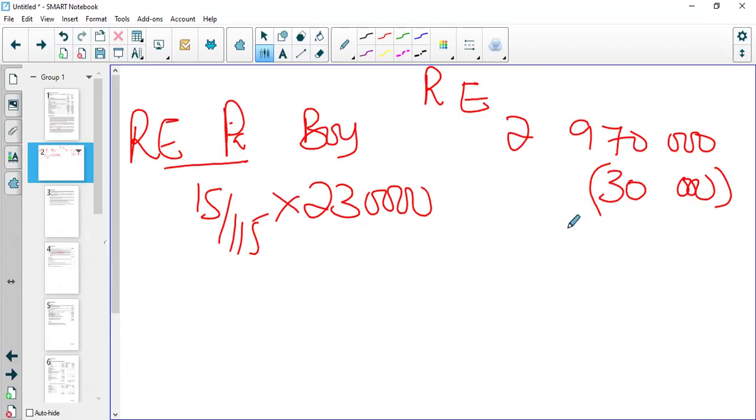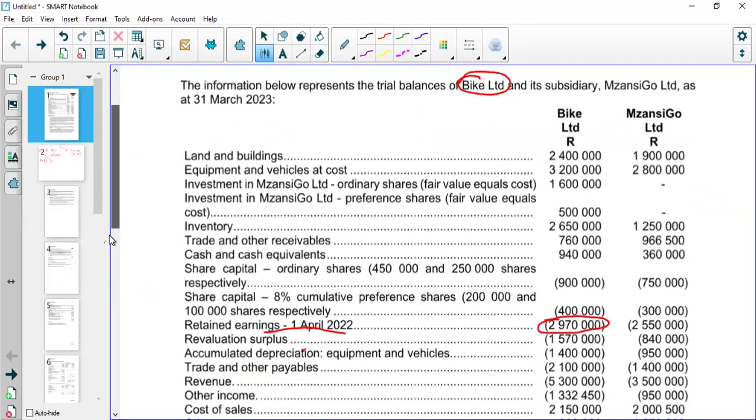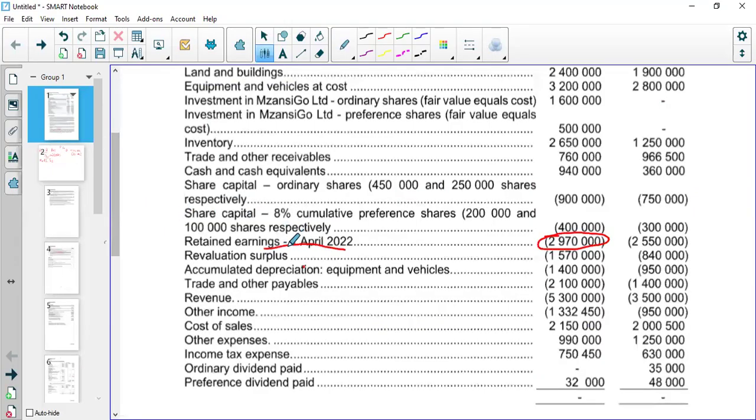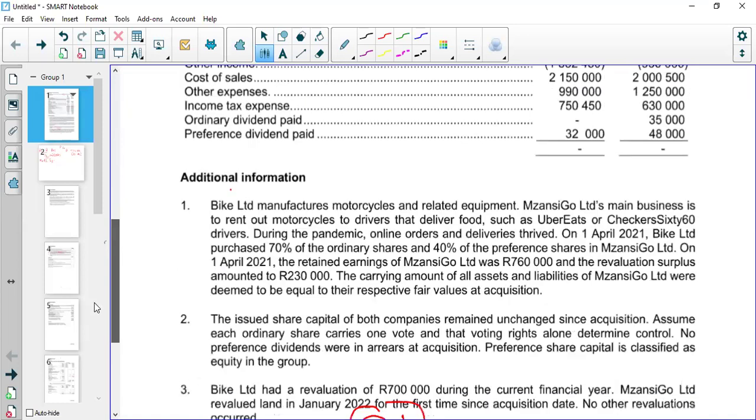Good. Now we get the movement in the retained earnings of the subsidiary. So at the beginning of the year, the subsidiary's is 2550. At acquisition, it was 760.